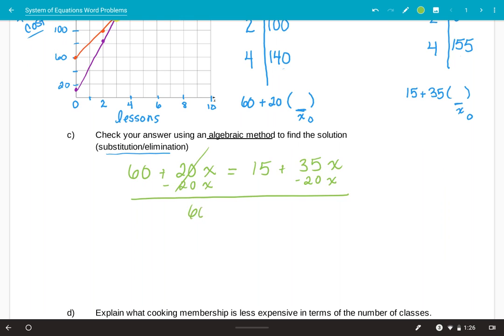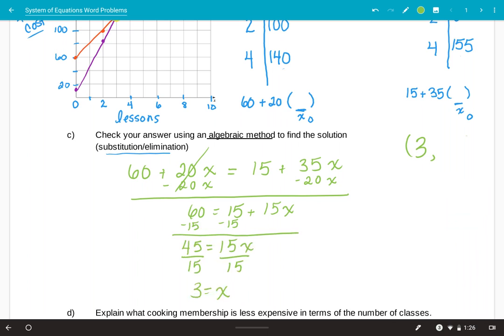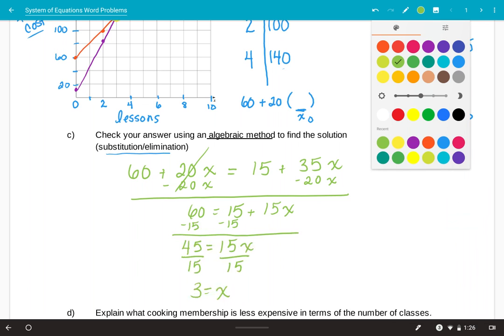And I get 60 equals 15 plus 15x. Minus the 15. So now we're back to a two-step problem. Add, subtract. 45 equals 15x. And then divide. And I can see that 3 is equal to x. And now to find the y, I'm going to plug it into one of those equations.